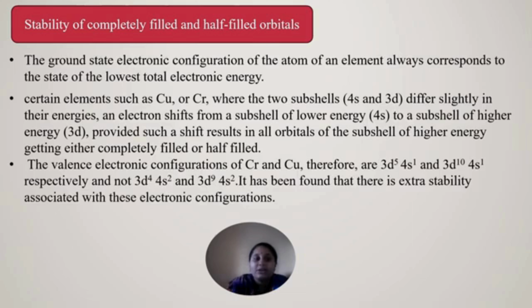So the valence electronic configuration of chromium and copper is 3d5 4s1 and 3d10 4s1 respectively, and not 3d4 4s2 and 3d9 4s2. So there is an extra stability associated with these electronic configurations.